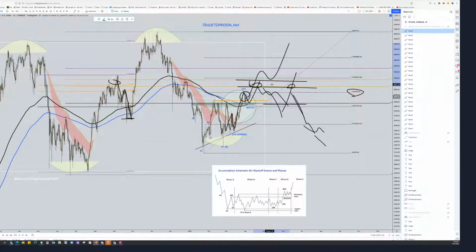And that's pretty much it. Until then, don't have too many expectations. Don't worry about the FUD on the news. This is at a critical level, and a big rejection. We should rally back up and try again and see how we go.